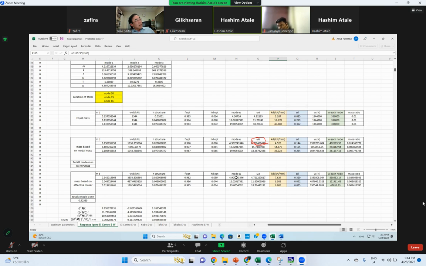Because the TMD has the same height as the building, and the TMD damping is also lower, so the displacement of the TMD is larger than the displacement of the story. That means that when it is rained, the TMD comes out from the building displacement.